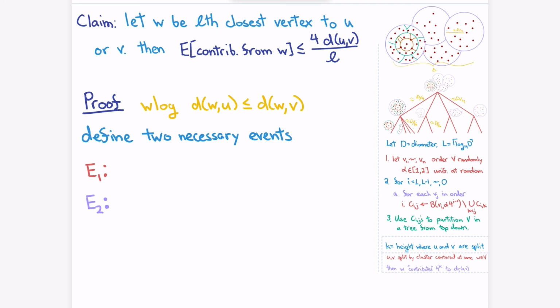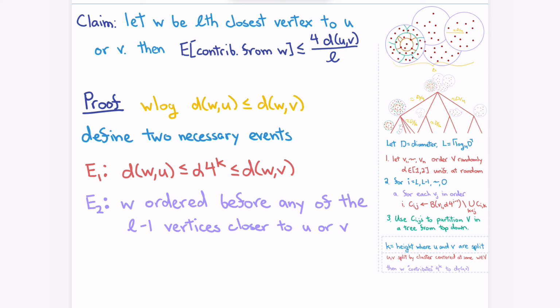It needs to be ordered before all the vertices of higher rank. Okay, what's the other event? The radius has to be just right for W to split up the two of them. So those are the two events that are necessary.